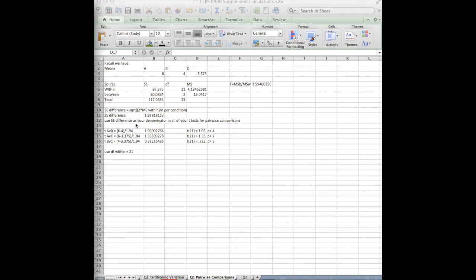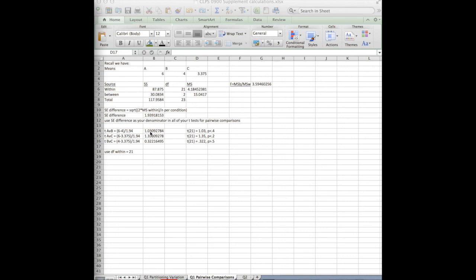And basically, when you're doing your pairwise comparisons, all you're doing are t-tests. And it's just a standard procedure that you do when we did t-tests before. So for example, if we wanted to do a pairwise comparison between condition A and condition B, we take the mean of A, 6, minus the mean of B, which is 4, and then all of that over the standard error of the difference, 1.94.